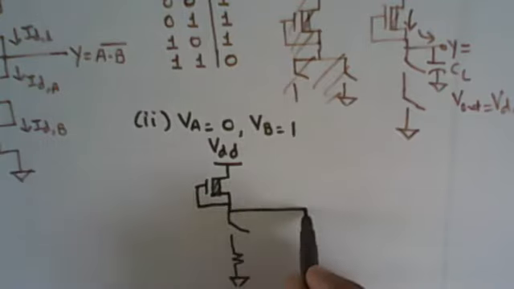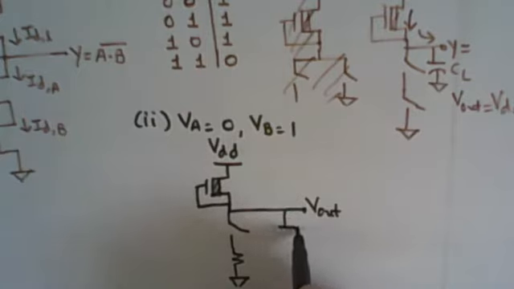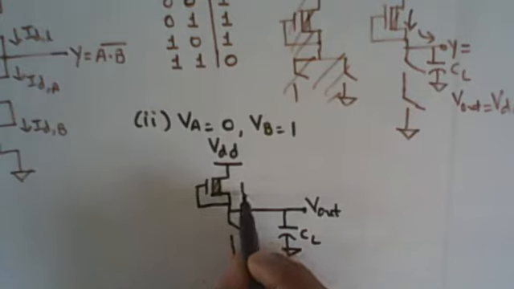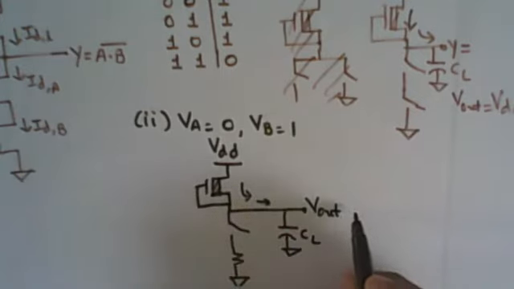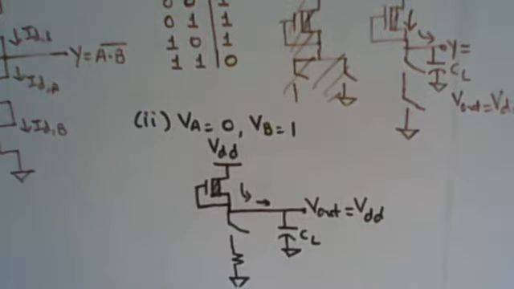Here is our output voltage, and here is C load. This node has a pull-down network, but there is no path to discharge the load capacitor. So the load capacitor maintains the output voltage high, and we get output voltage VDD in this case also.